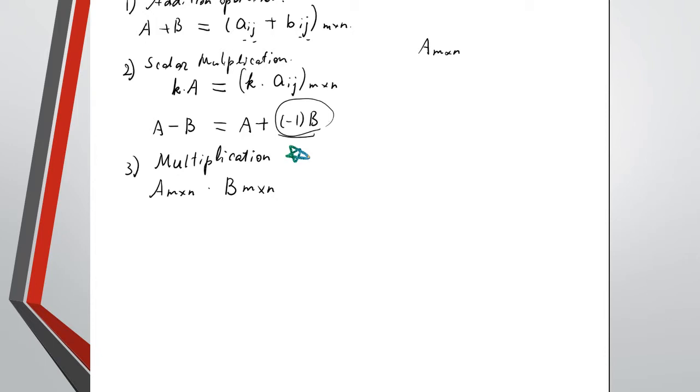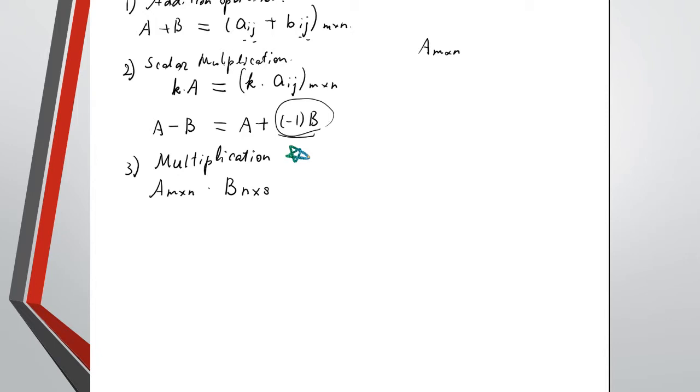So it means not all matrices can be multiplied together. Okay, so we have to make sure that the subscript of the matrix B looks like n times s. It means for matrix B there are n rows and s columns.